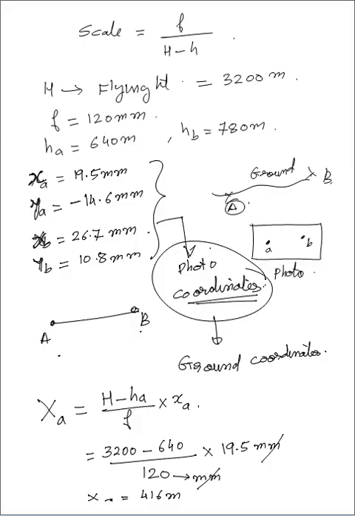Now the same way we will find out the value of xb. This is capital XB. Again, the formula will be, you just have to replace the suffix, capital H minus HB divided by F into small xb.